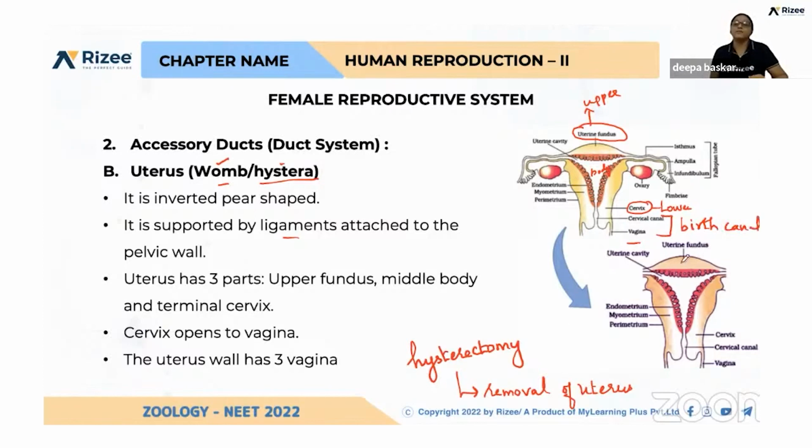Question will be asked. The birth canal is formed by the cervical canal and vagina, because during parturition, during delivery, the baby is expelled out through this canal of cervix and vagina. So this is called the birth canal.